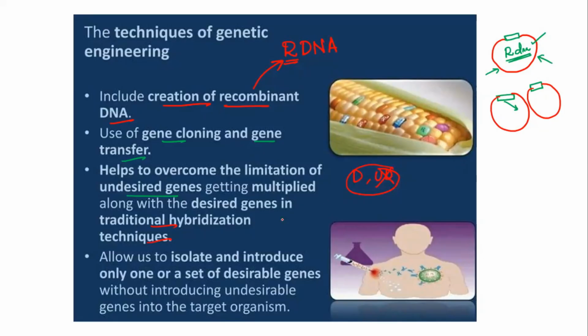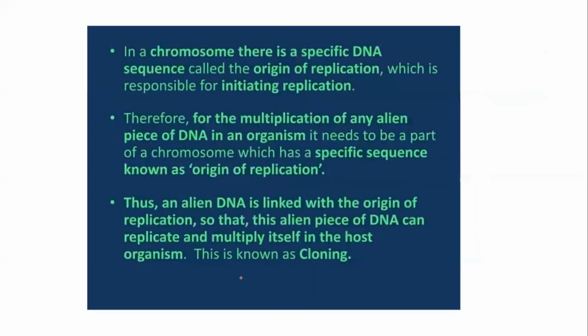Then it also allows us to isolate and introduce only one or a set of desirable genes without introducing undesirable genes into the target organism. So we are isolating a particular DNA and then we are introducing only one or a set of desirable genes without introducing the unwanted genes into the target organism.